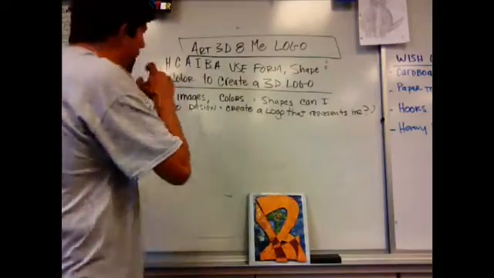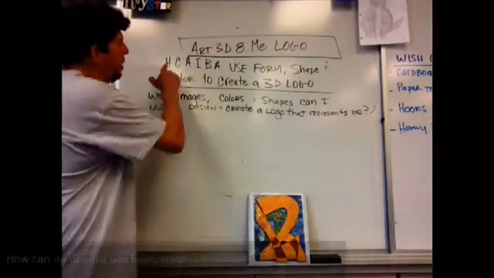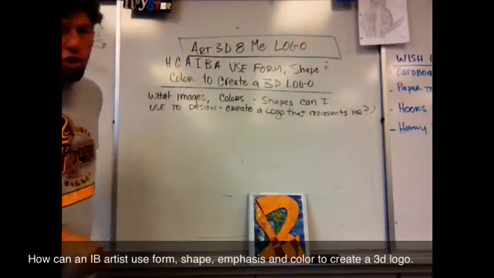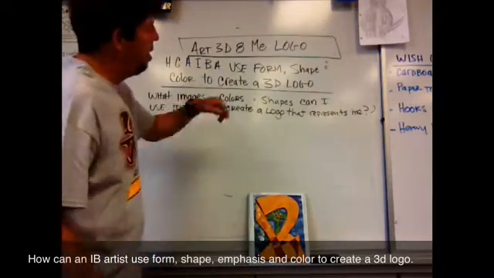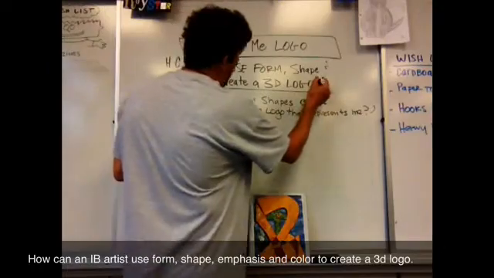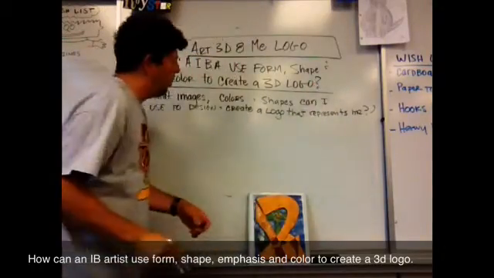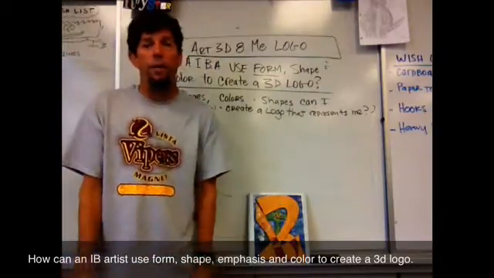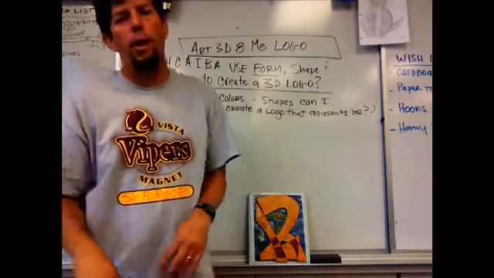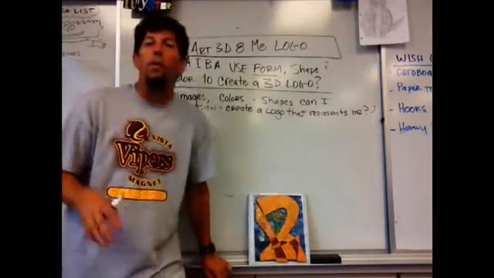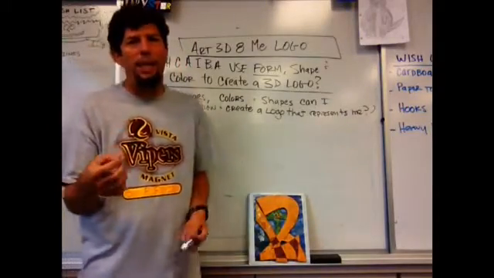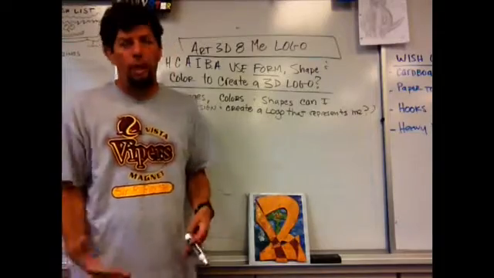So let's take a look at our GQ. How can an IB artist use form, shape, and color to create a three-dimensional logo? Form is the element that we haven't used much so far in the last 2 years because we've been working on a 2D basis. We work to make things look 3D, but form is that element that makes things actually three-dimensional.